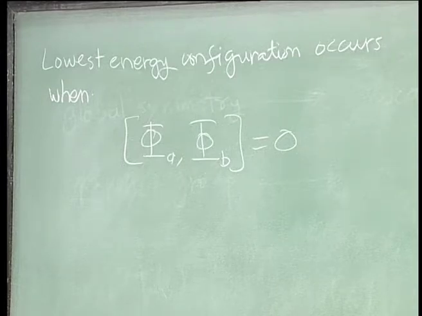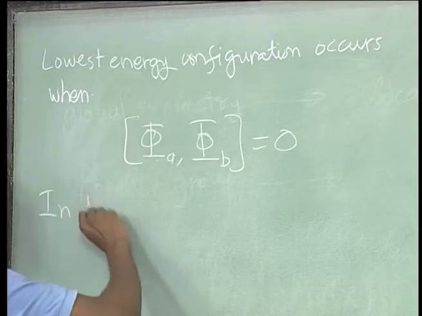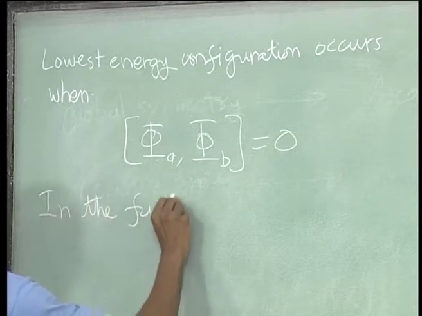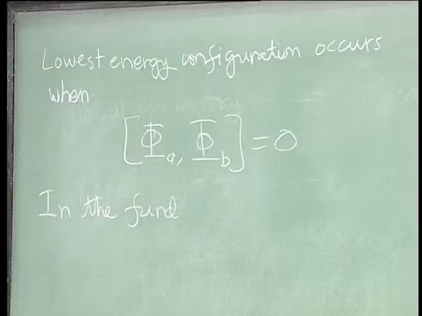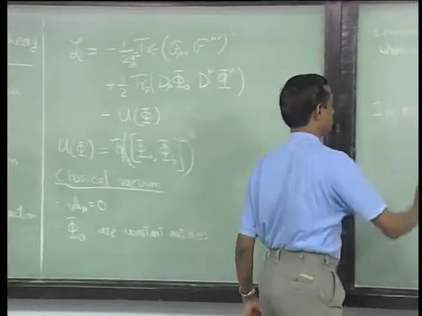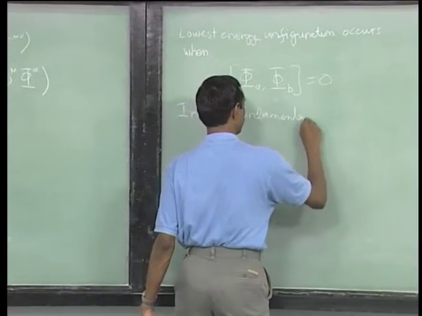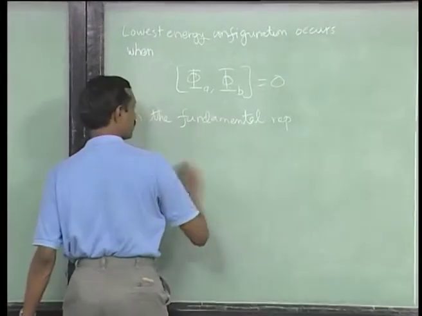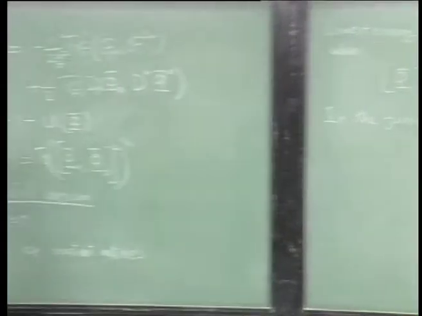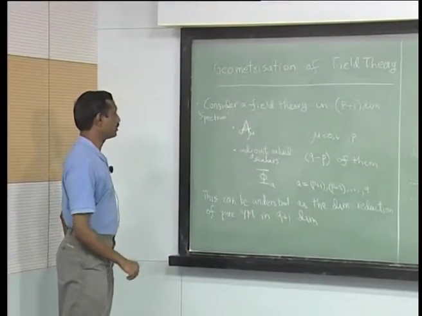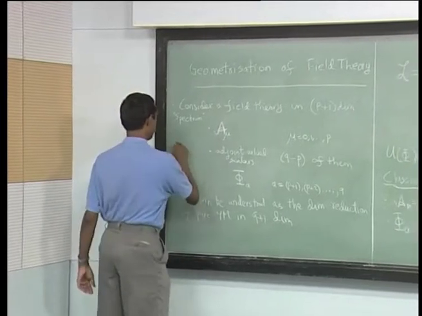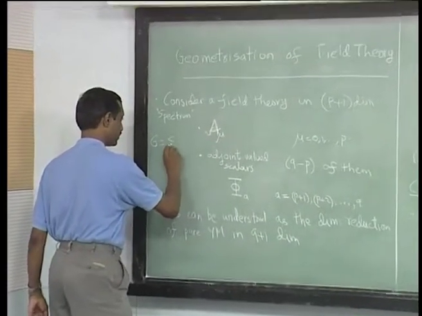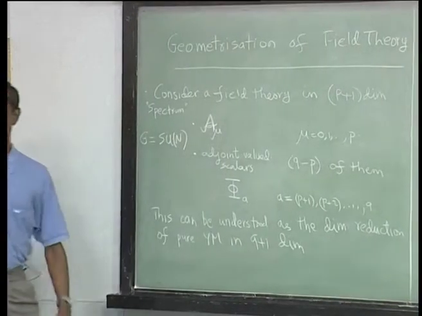Is this clear? Since these are adjoint valued objects, we can think of them as N by N matrices in the fundamental representation. We have not chosen a group, have we? So let us choose the group to be SU(N). Okay.